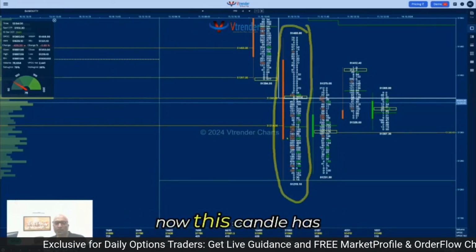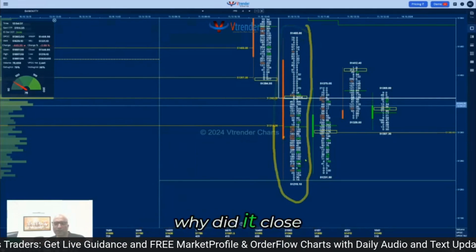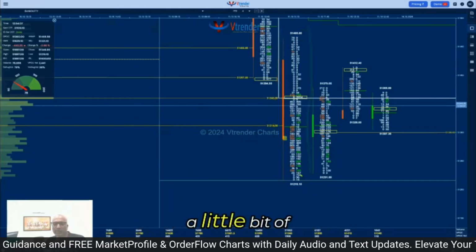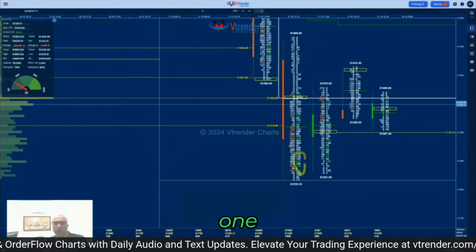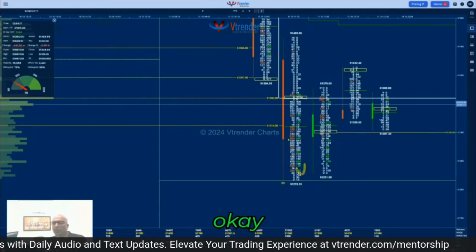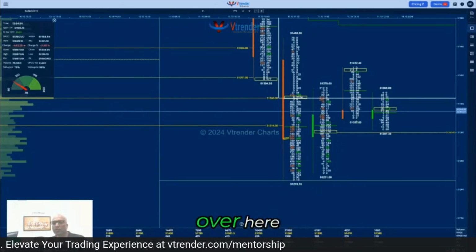Now this candle has closed over here at 11:15. Why did it close over here? Because it met a little bit of serious buying over here, which took it from the lows of 51,219 and placed it around the 51,275, 280 mark. The same thing over here.